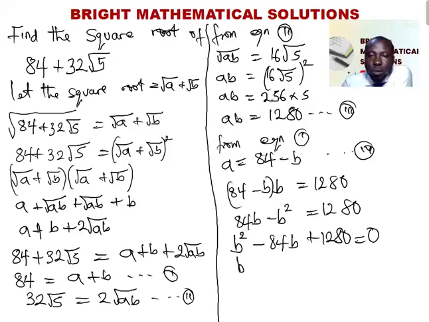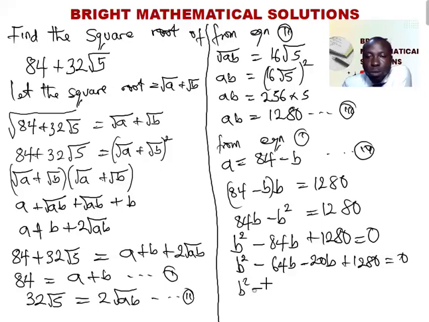So B squared minus 64B, minus 20B plus 1280 equals 0.